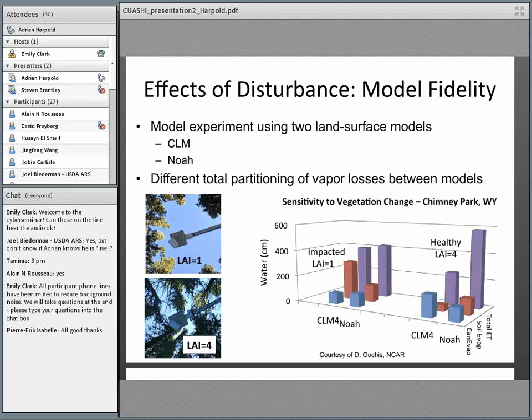The NOAH model shows a decrease in total ET, that purple bar goes down, whereas the CLM4 model shows an increase in total ET. You can look at soil evaporation and canopy evaporation, and the partitioning of those also changes, but we have trouble even predicting the sign of change using our models. So there's really an opportunity to better understand the processes driving this, to improve and test our models.